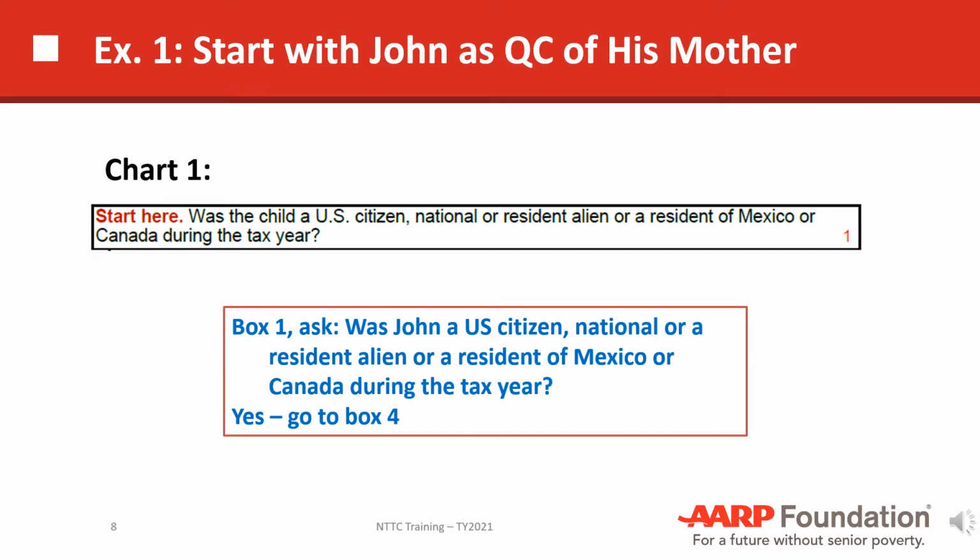When we start with chart 1, box 1, the question is, was the child a U.S. citizen, national, or resident alien, or a resident of Mexico or Canada during the tax year? So when we ask about John, we find out that John is a U.S. citizen, and so that's a yes, and that prompts us to go to box 4.